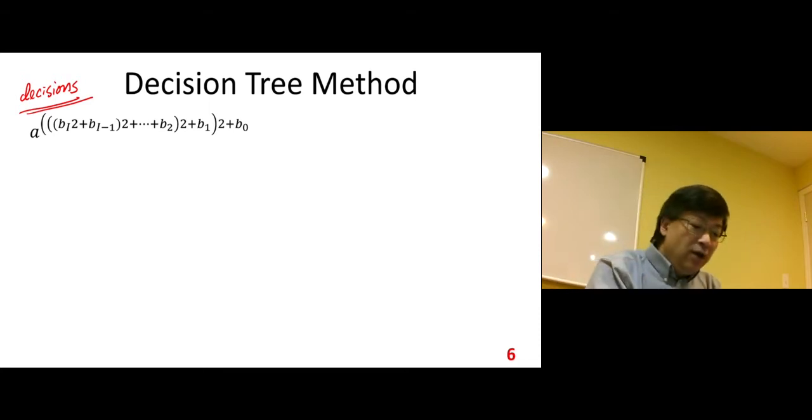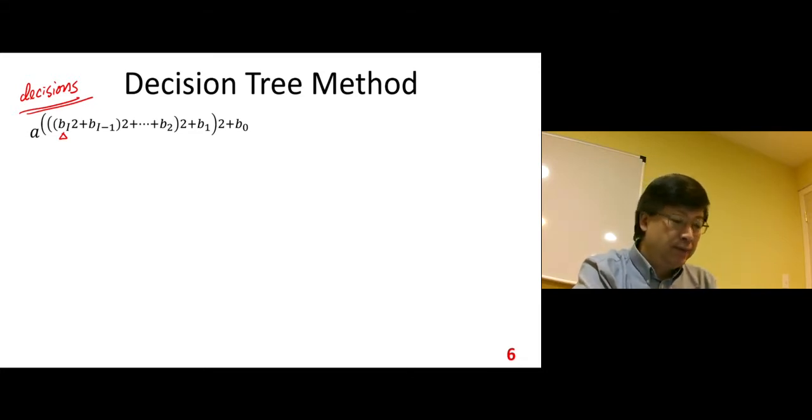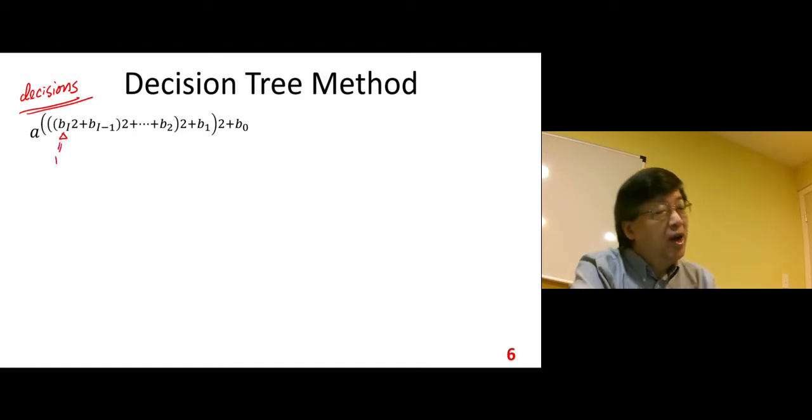First, what is the value of bi, the most significant bit in the binary expression of n? It must be 1, right? That cannot be 0. If it is 0, we don't use it. Why would we use it if it is 0? So it has to be 1.